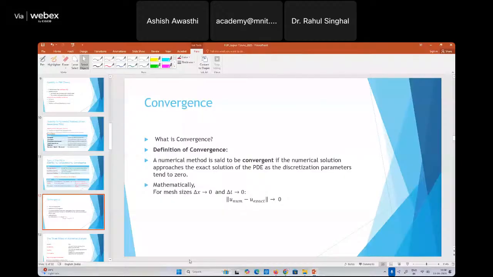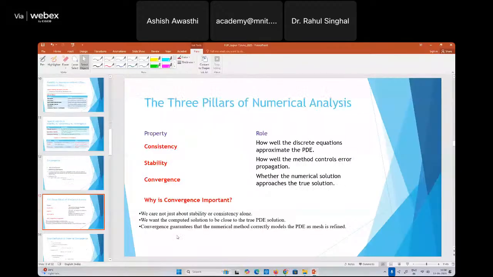Again, here is the renaming of the proper role of these properties. Consistency means how well the discrete equation approximates the PDE. That means there is a synchronization of discretization, so the discrete problem and the continuous problem are the same. Stability means how well the method controls the error.